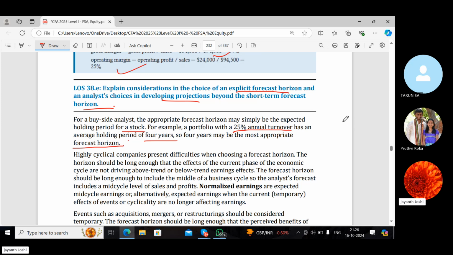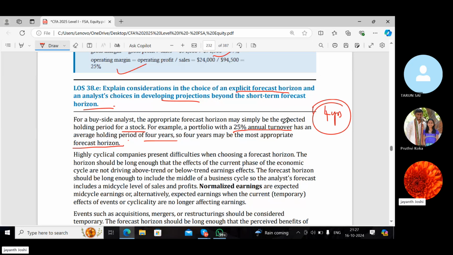So they say if you have a portfolio of some stocks with 25% annual turnover, what is 25% annual turnover? Sales. So 100% will happen in how many years? 4 years, of course. 25, 25, 25, 25.